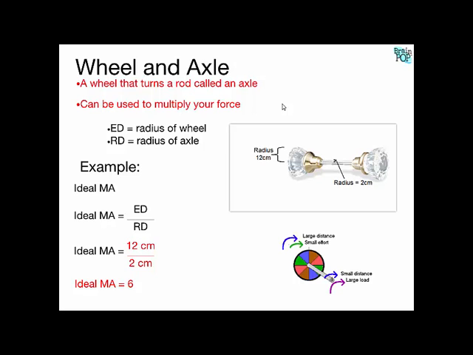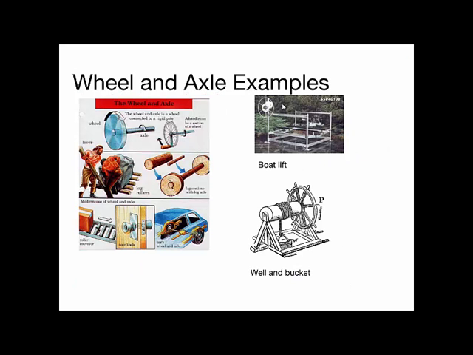Okay. And what this allows us is to multiply our force. Some examples. Obviously any doorknob is a wheel and axle. So again, this doorknob allows me to exert very little force to withdraw that bolt.